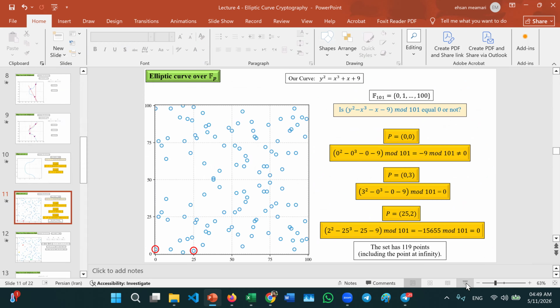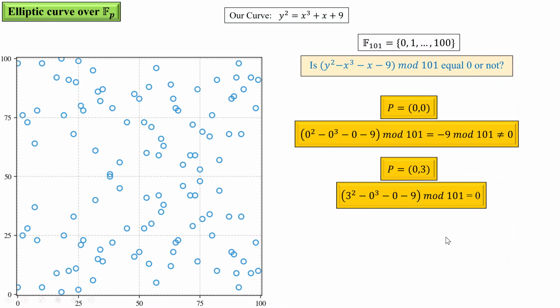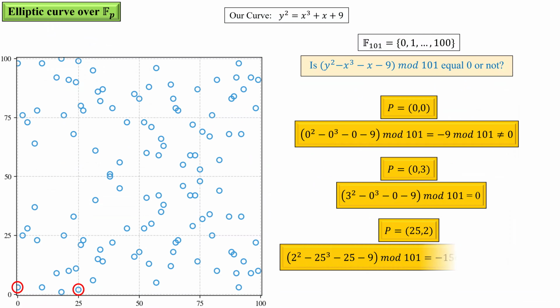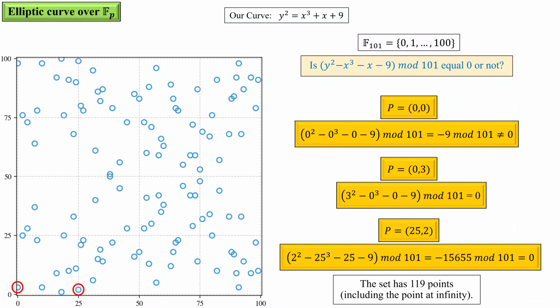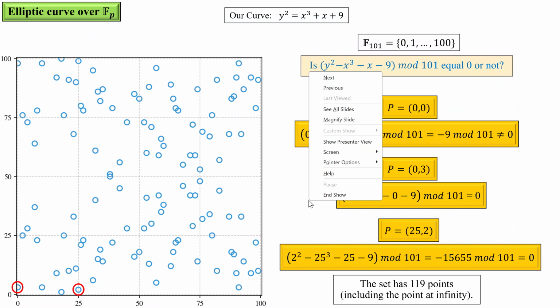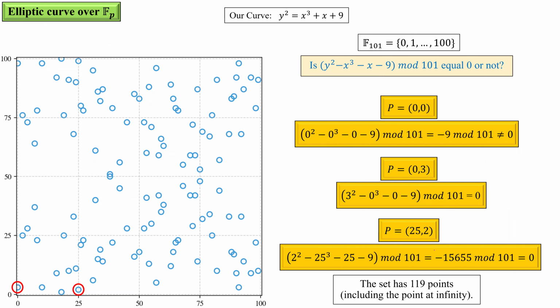Okay, so here we see that for this curve and the determined field, we have 119 points. We discussed that when we increase the value of p here, then we have more points.